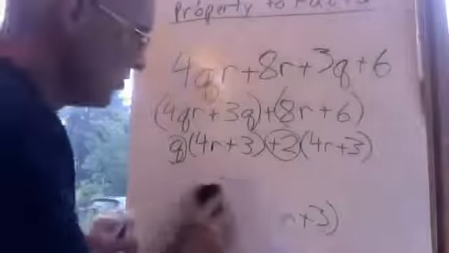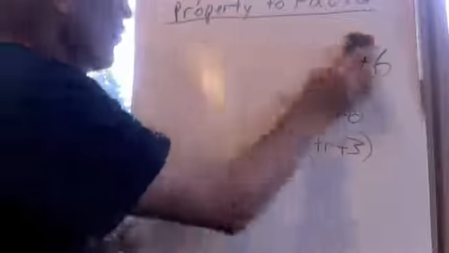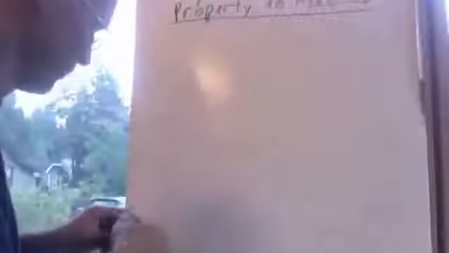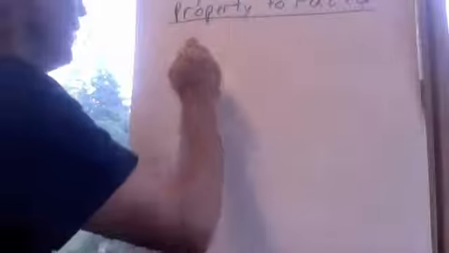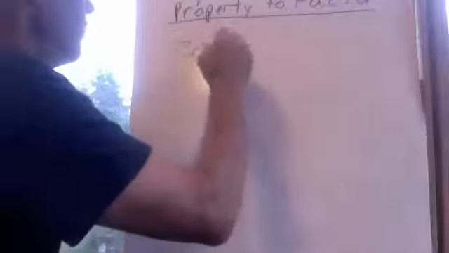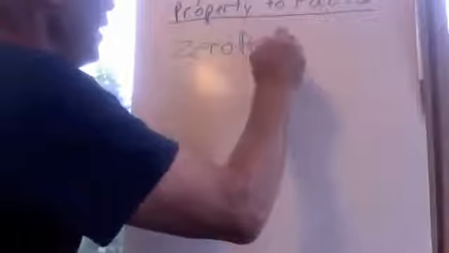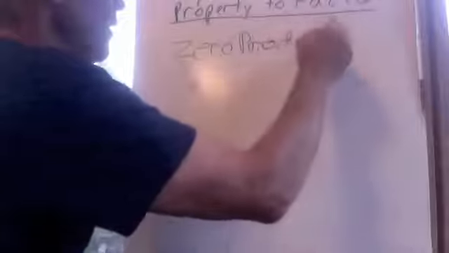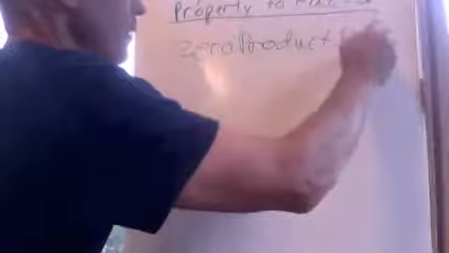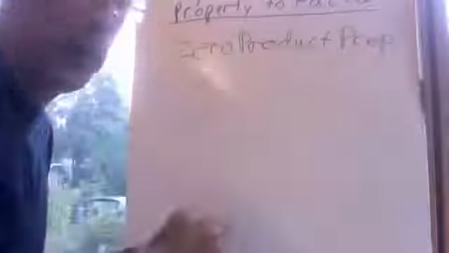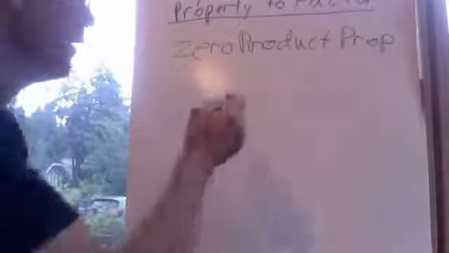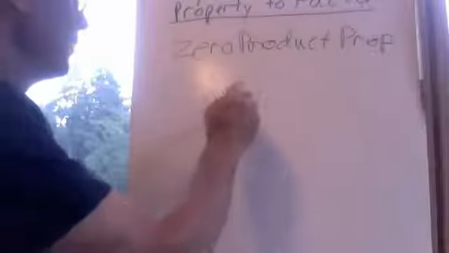Last thing I want to mention to you is what's called the zero product property. It's kind of fun to say. Zero product property. Let me write something on the board for you here and just have you look at it.